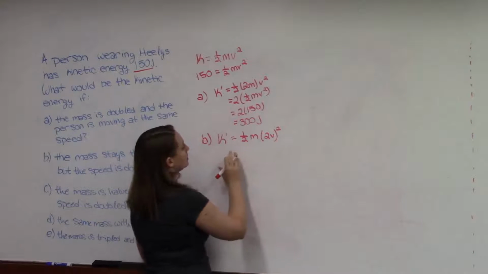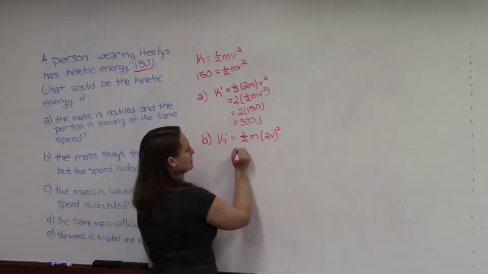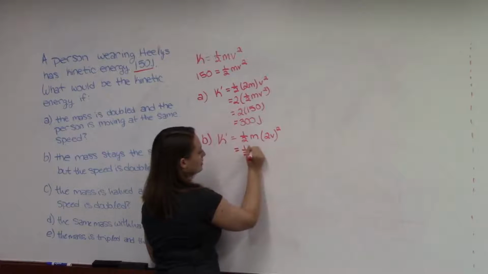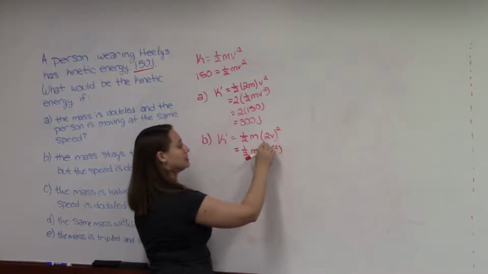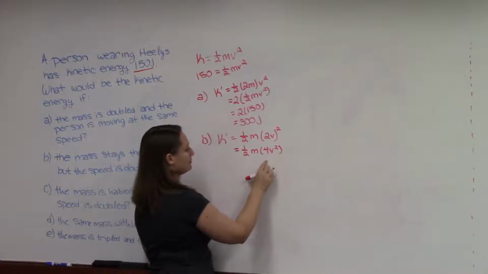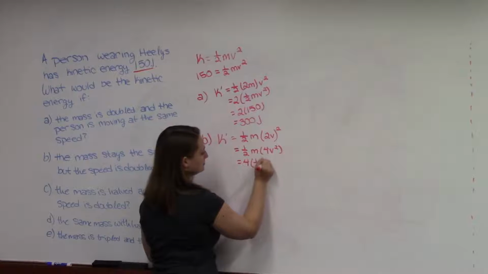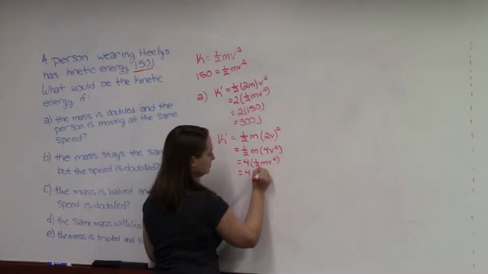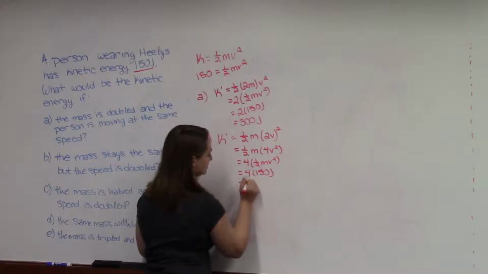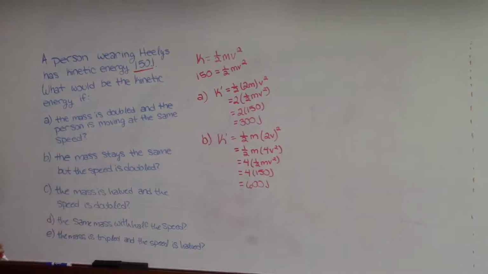If we're trying to get 1/2 mv squared here, we need to distribute this power first. So we have 1/2 m times 4v squared, right? Because we had to square that 2. So if we pull that 4 outside, we can get that 1/2 mv squared together. So we have 4 times our 150, which gives us 600 joules. So that's our new kinetic energy if our mass stays the same but our speed doubles.